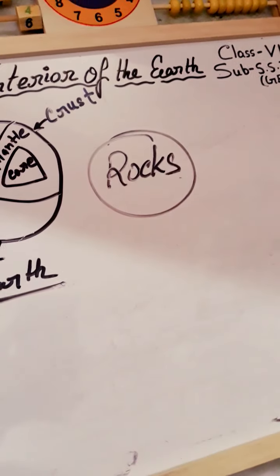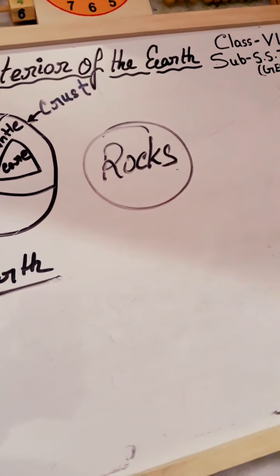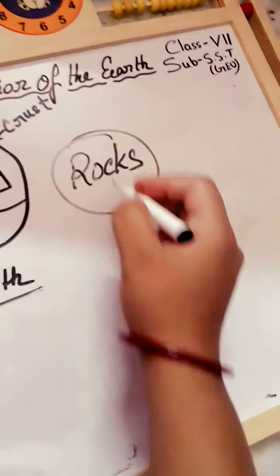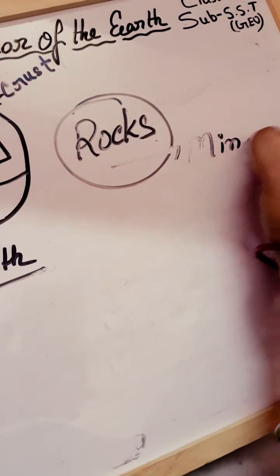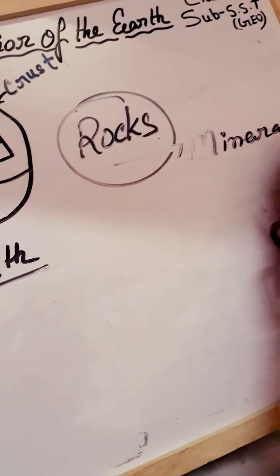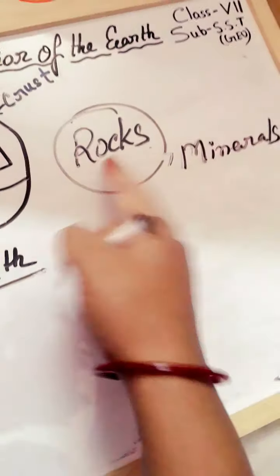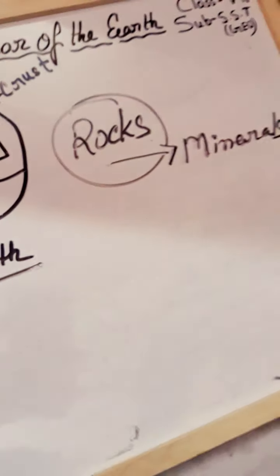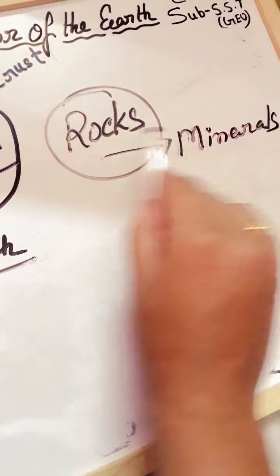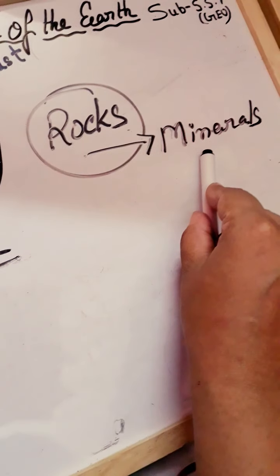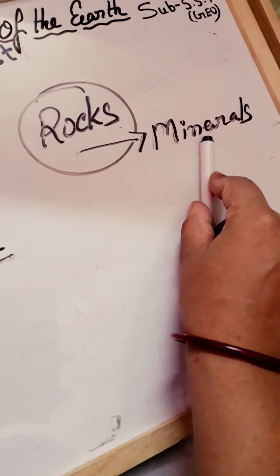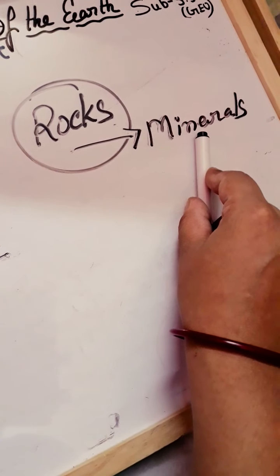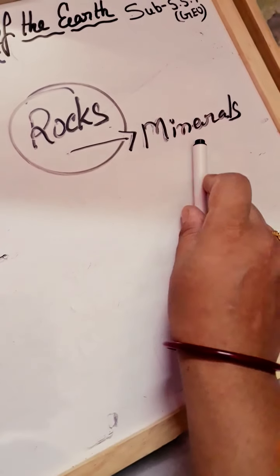Now rocks are solid substances formed by one or more minerals. Rocks are made up of minerals. One rock has different types of minerals, but minerals are naturally occurring substances that are usually solid and inorganic.